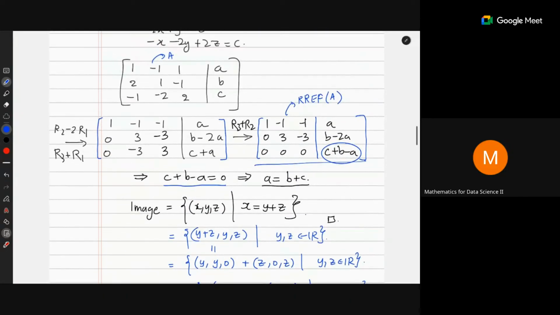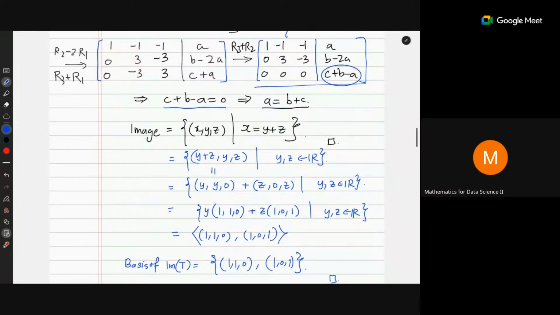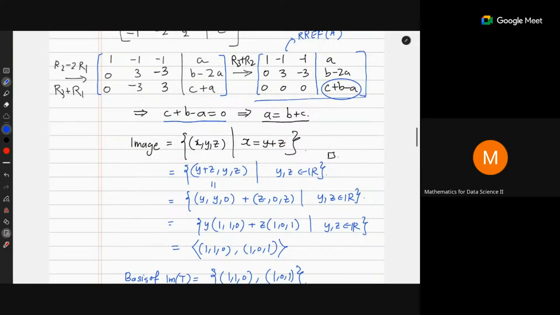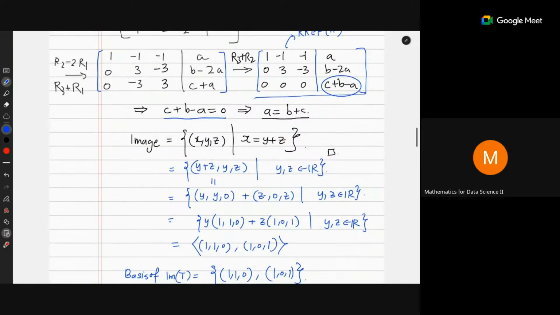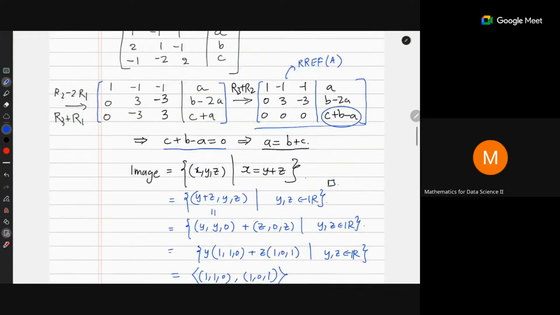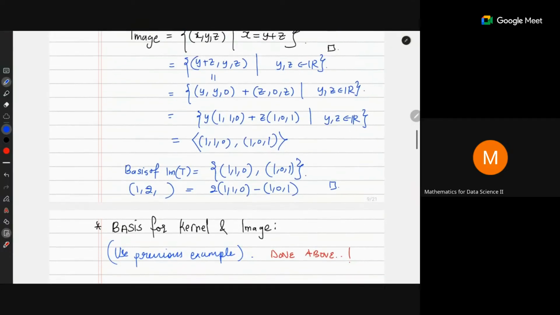We can think of it like you can generate these from the columns of RREF also. For example, let me think. If you take 2 times 1 0 0 and then subtract this, you will get 1, 2, -1.